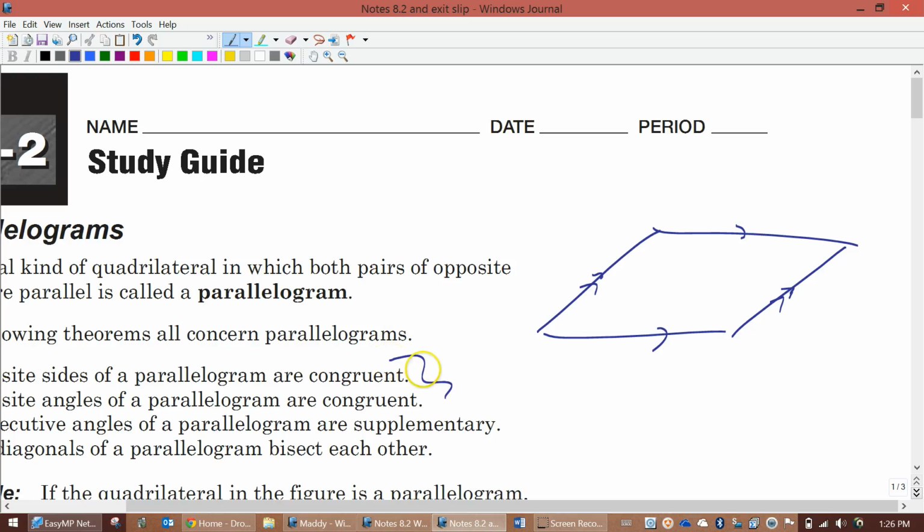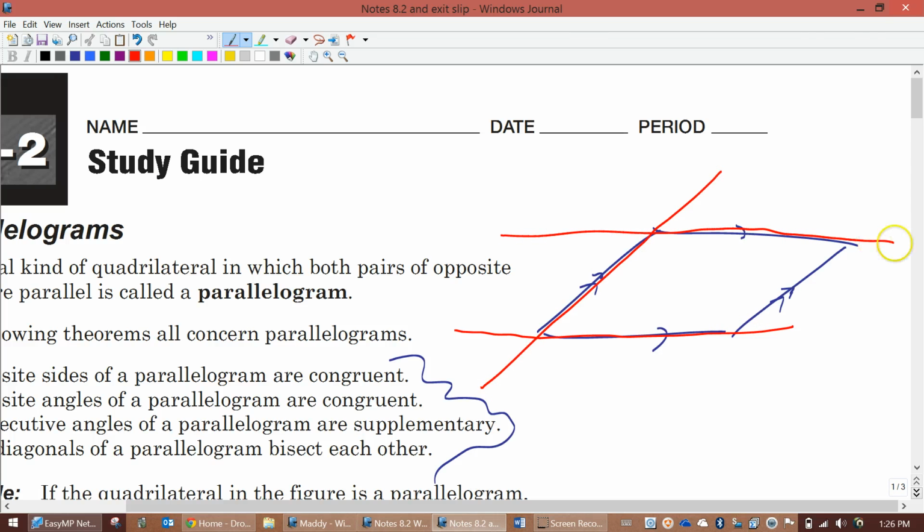If you read these pieces, one of the quickest ones to get is that the consecutive angles are supplementary. Here's the reason. If I trace these out, we've got two parallel lines and a transversal. Angles 1 and 2 on this parallelogram are consecutive interior angles.